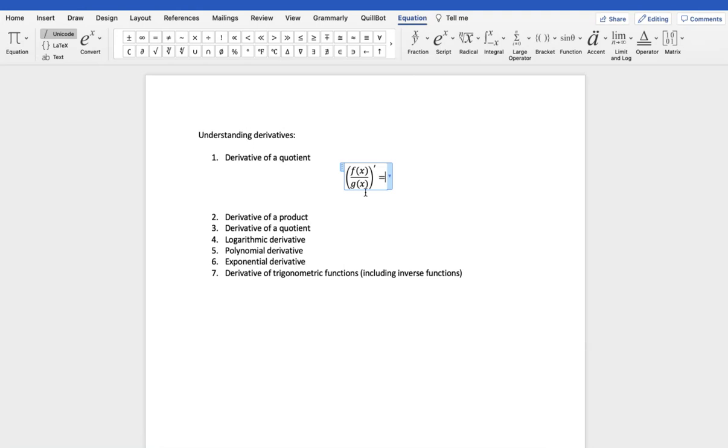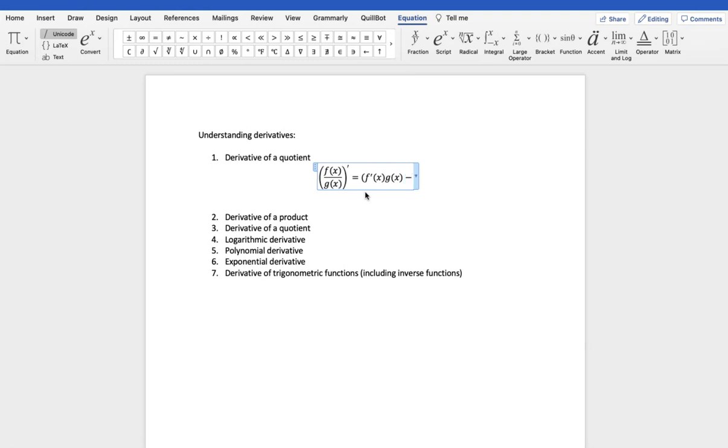If you have the quotient of two functions, the way you solve this derivative is you first take the derivative of the numerator. In our case, our numerator is f of x. So you take that derivative and multiply it by the denominator, which is g of x.